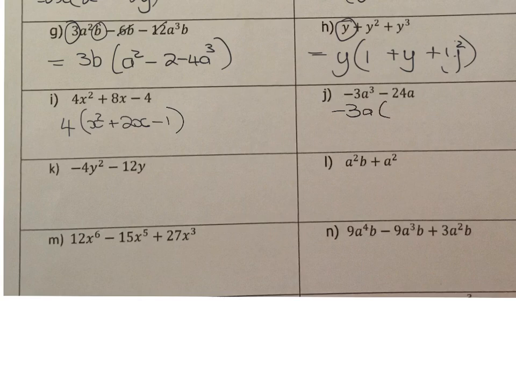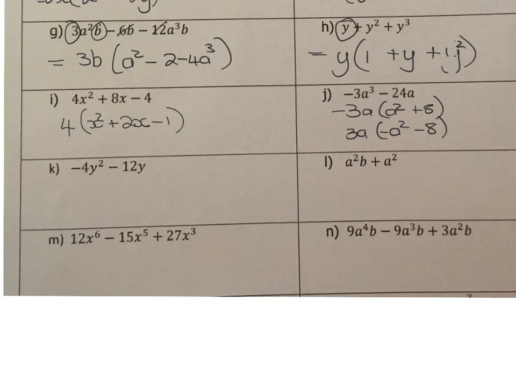Then here at the first one, if I say minus 3a times what will give me minus 3a cubed, it will be a squared. And minus 3a times what will give me minus 24, it will be positive 8. You could also have only taken out the positive 3a, then this will become minus a squared and minus 8. Because look here, if you multiply this with that, it will give you minus a cubed. And if you multiply 3a with minus 8, it will give you minus 24a.